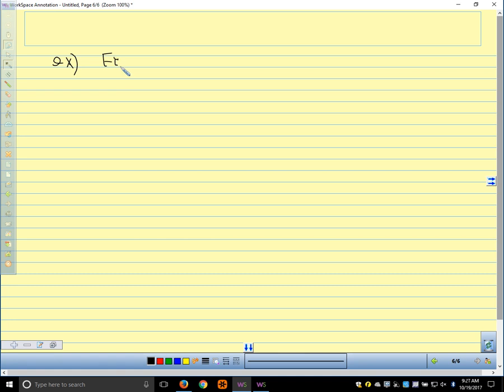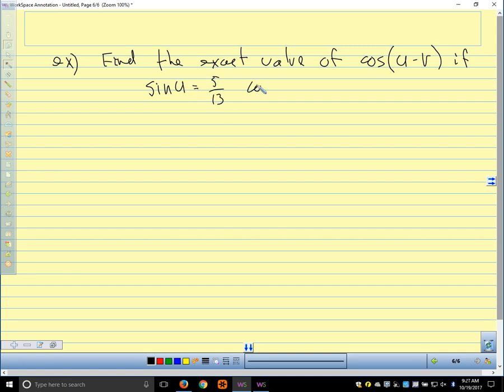We want to find the exact value of cosine of u minus v if sine u is 5/13, cosine v is negative 3/5, and u and v are in quadrant 2.